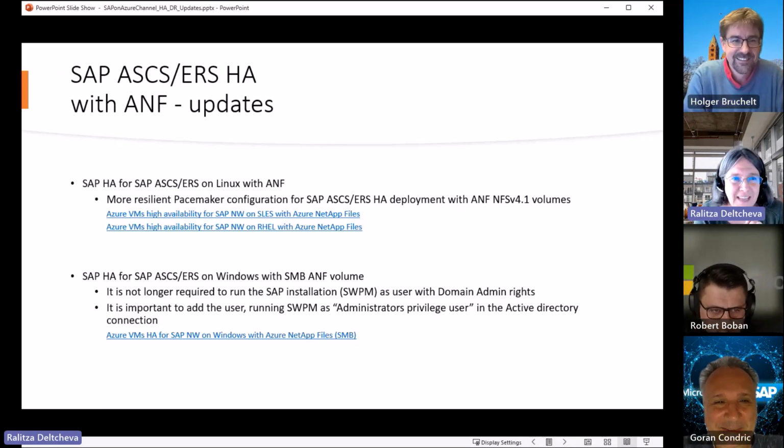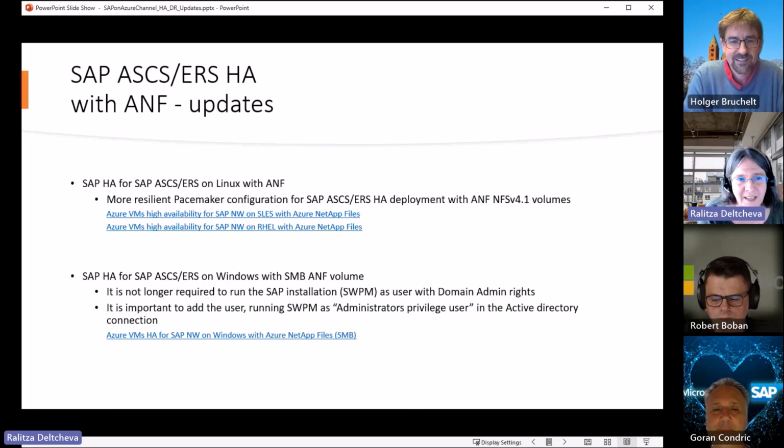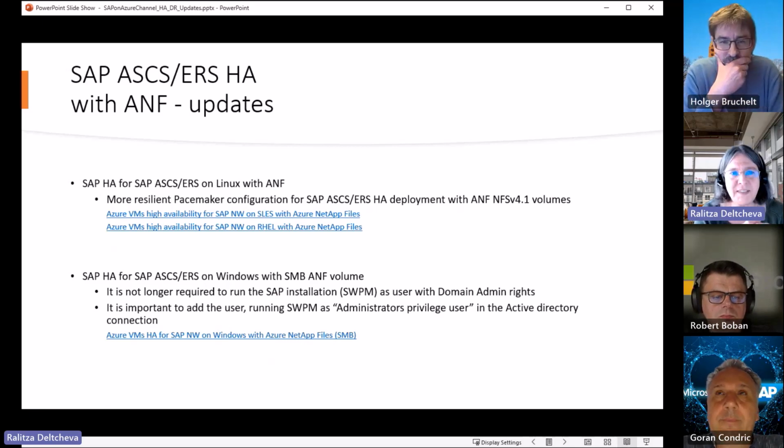So now let's talk about some updates. And in this case, the updates are about deployments with ANF. So for NFS and ANF, I just want to point out that we released a more resilient pacemaker configuration for the SAP Central Services when working with ANF NFS v4.1 volumes.